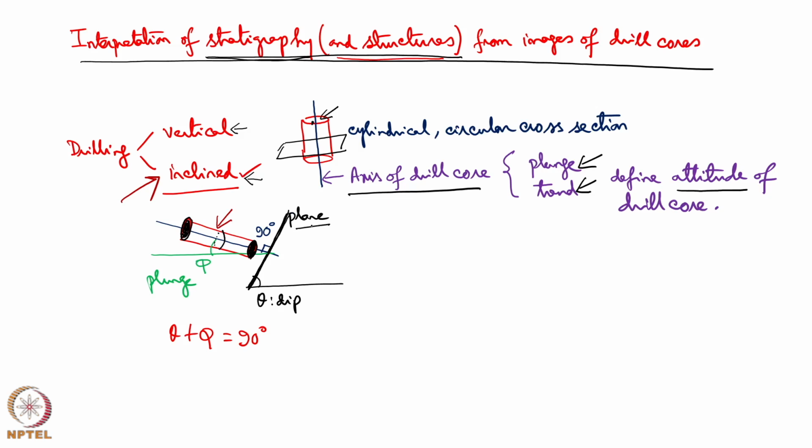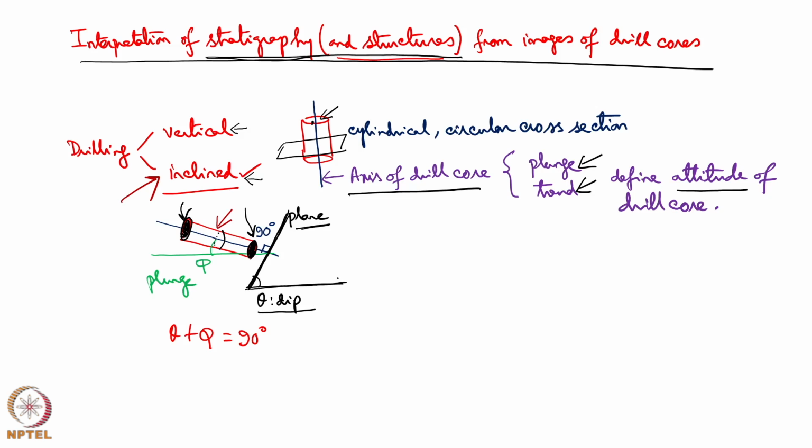This is actually a plane parallel to this plane or that plane. This plane has a dip of theta, that means this plane makes theta angle with an imaginary horizontal plane. And consider the drill core axis which is given by this line is making phi plunge. So, theta and phi are shown. We can actually find out a relation between theta and phi.